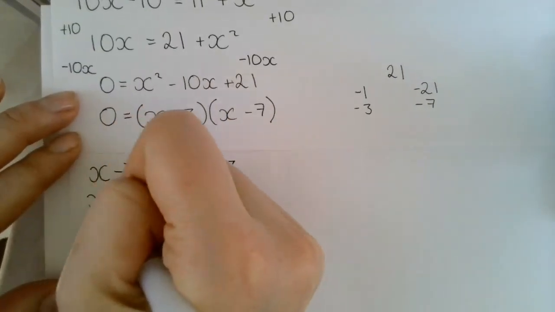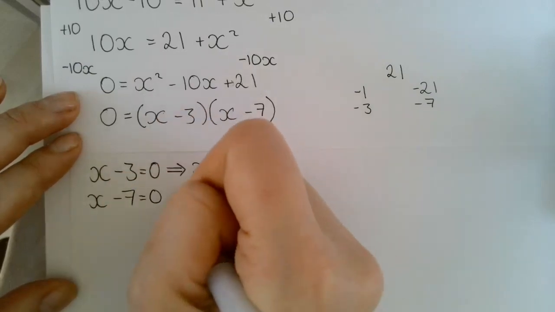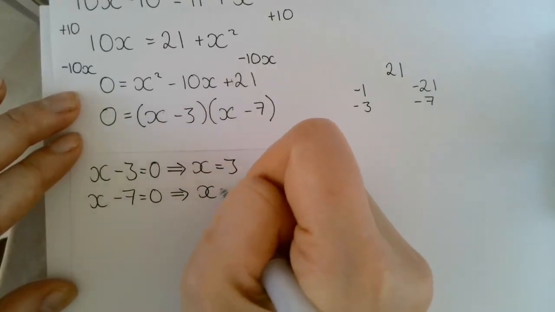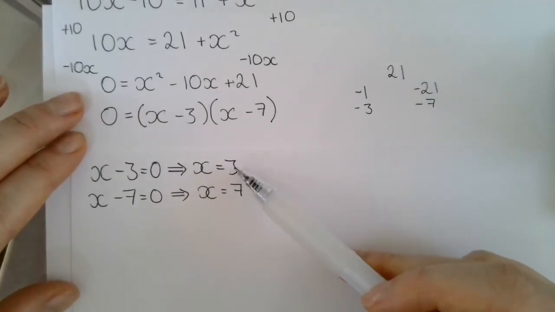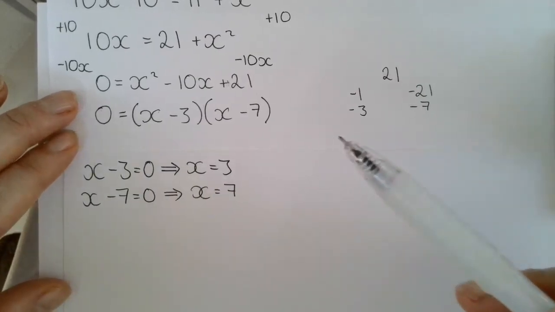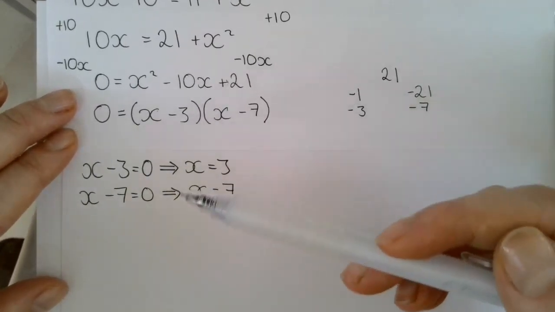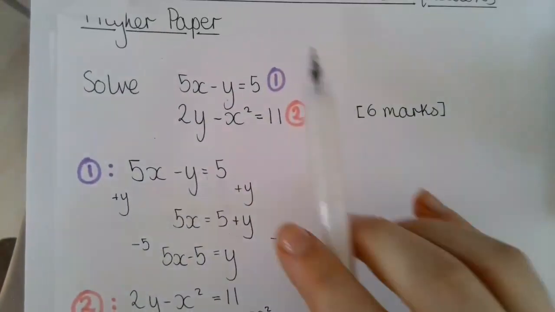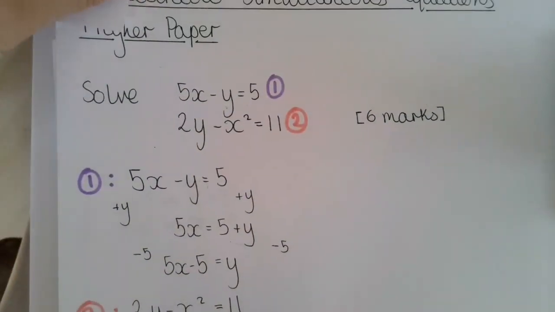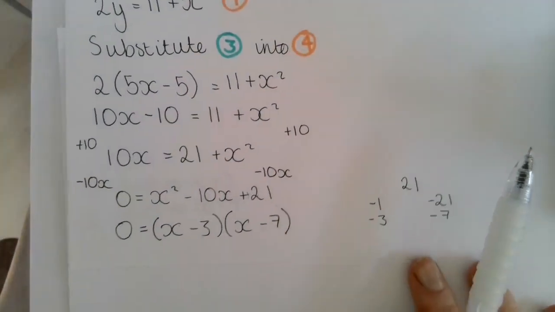If x minus 7 is equal to 0, then we must have x equals 7. What we've done here, we've found the 2 x coordinates of our 2 intersection points from the graph that I drew of our simultaneous equations. So I have found my x coordinates.